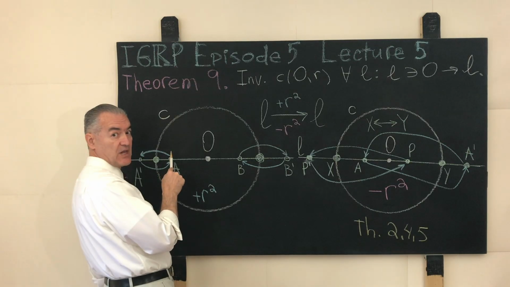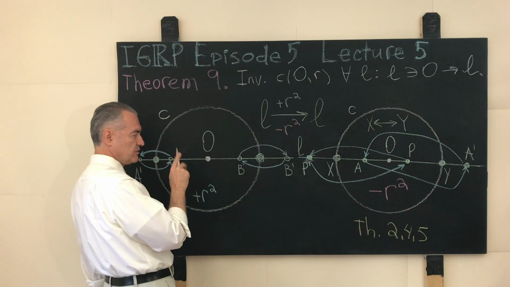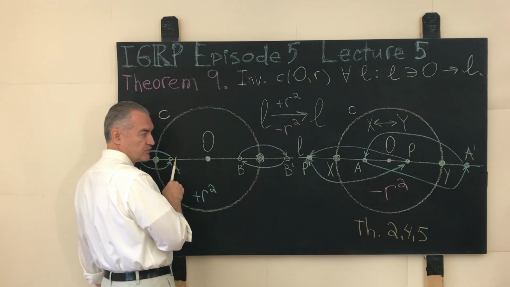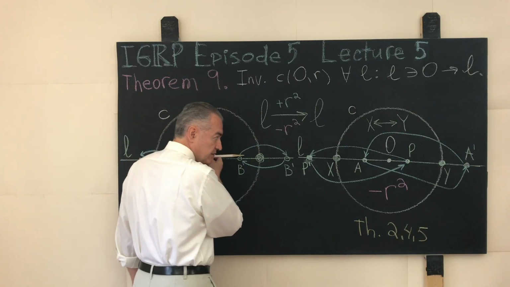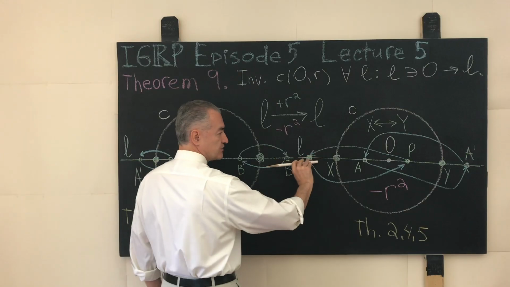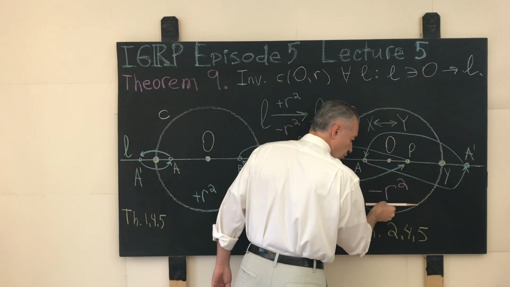And conversely, that ray, or technically speaking, everything to the right of the point at infinity that makes up that ray that originates at the point X, is thrown into the radius OY, again, when the power of inversion is negative.